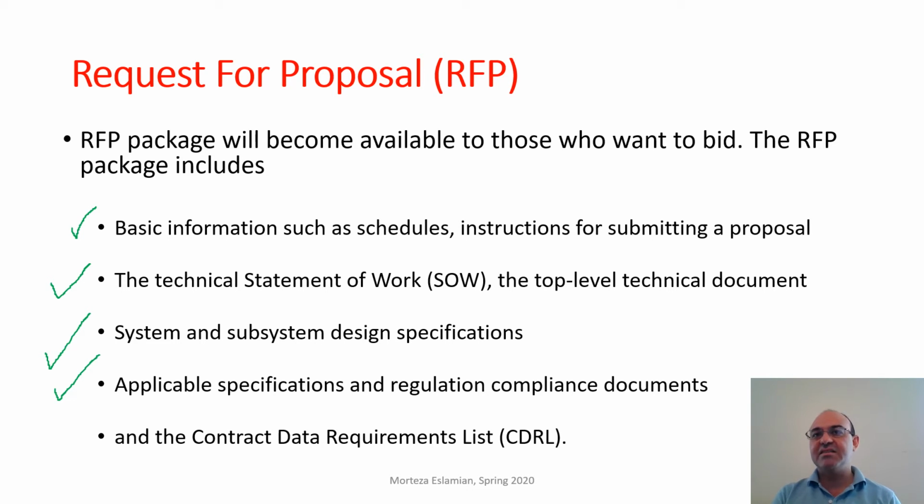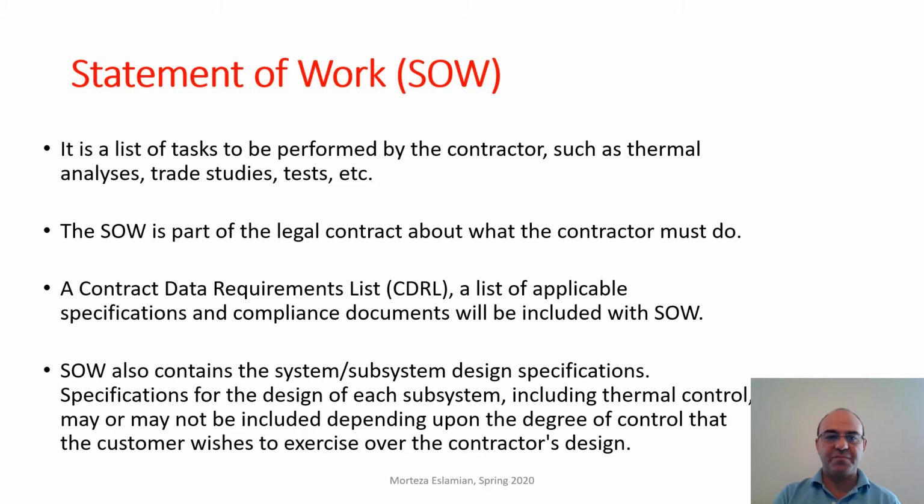If it's a US project, then it has to follow NASA, perhaps some military standards. And the contract data requirement list that we will talk about in the next slide. So these are the components of the request for proposal document.